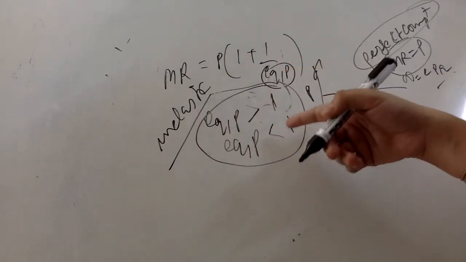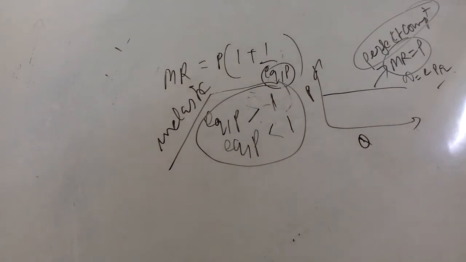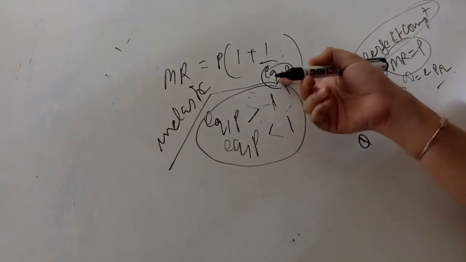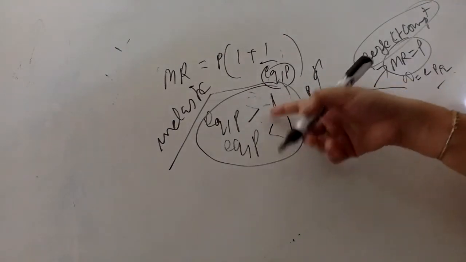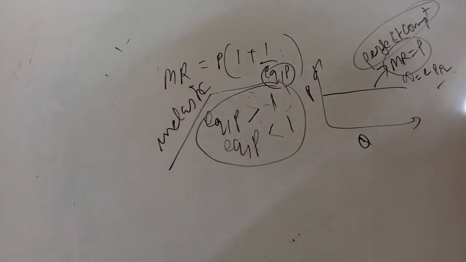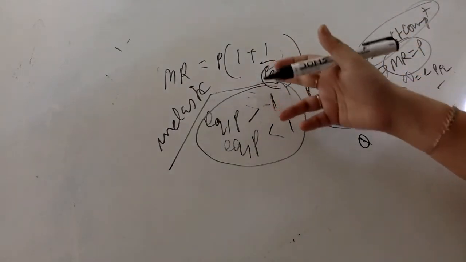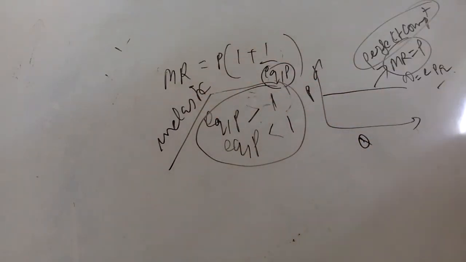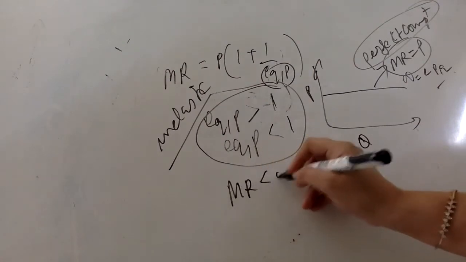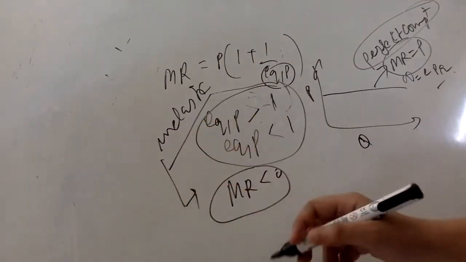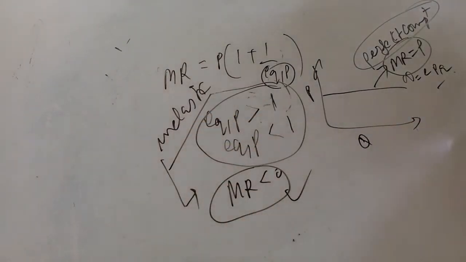Say it is less than 1 but greater than 0 and inelastic in nature, let me put a value of half here. Because elasticity is going to be a negative number, putting minus half here, MR will be negative. So in a portion where demand is inelastic, remember this: MR will be negative.